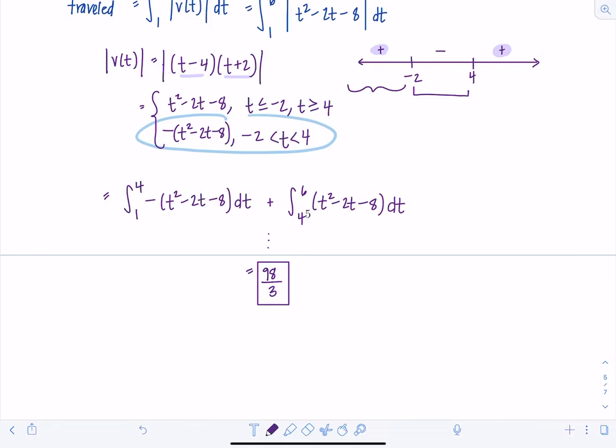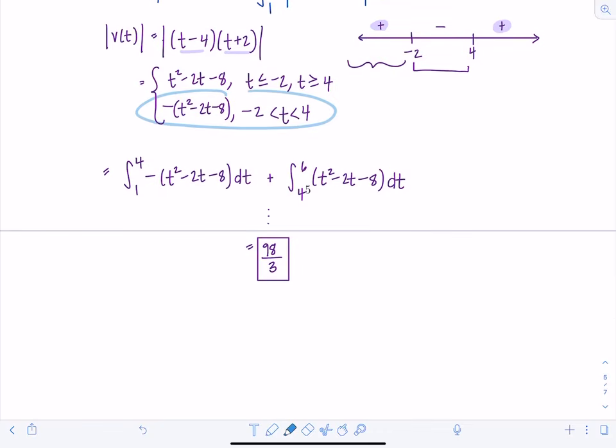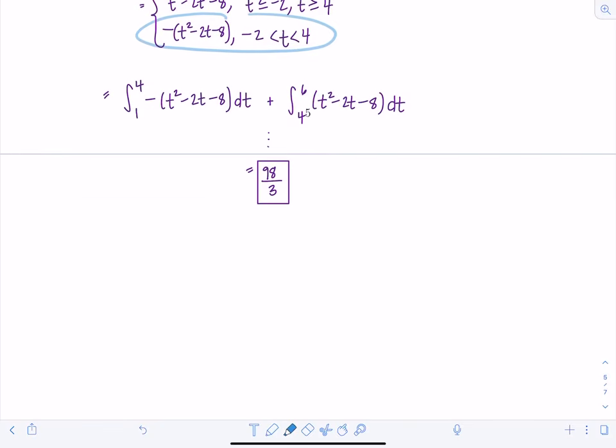Okay, good. Now I'll show you one little way that my calculus teacher taught me long ago how to set these up, and you don't have to do the whole sign chart and testing the intervals. So unless your teacher gets upset at you, this is a quick way to do it.